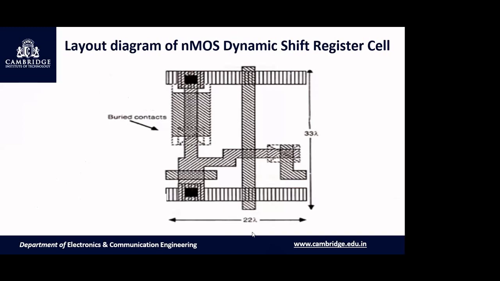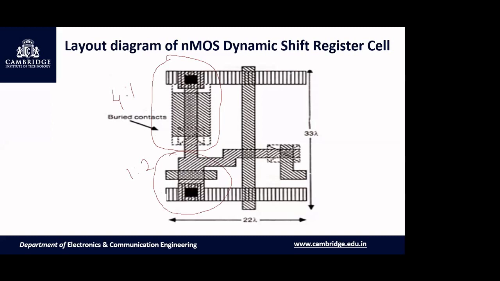Here you can see this is the layout for the NMOS depletion mode transistor, whose ratio is 4:1, and this is the NMOS enhancement mode transistor, whose ratio is 1:2.